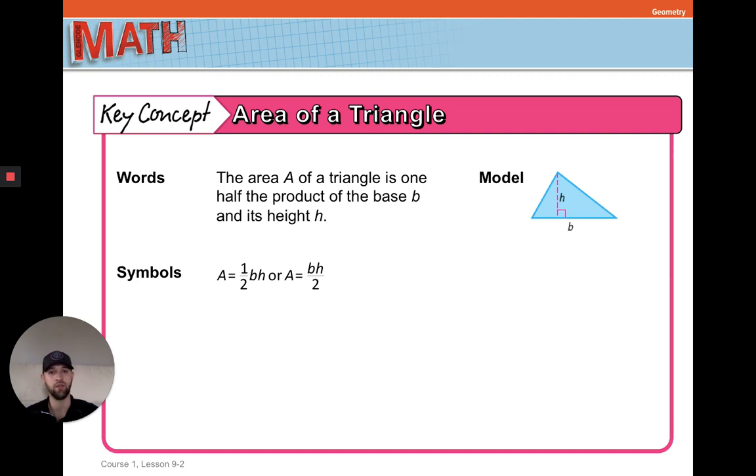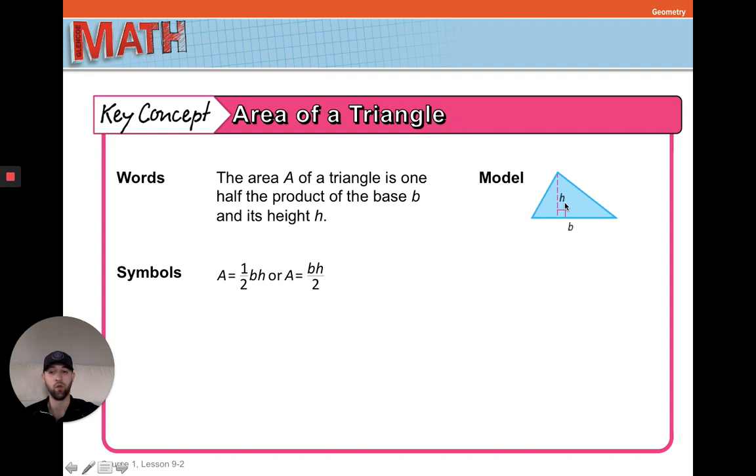The area of a triangle is going to look something like this over here. Notice you still have a base. It's what that triangle sits on. And you also have a height. You're going to notice that these dotted lines look pretty familiar.